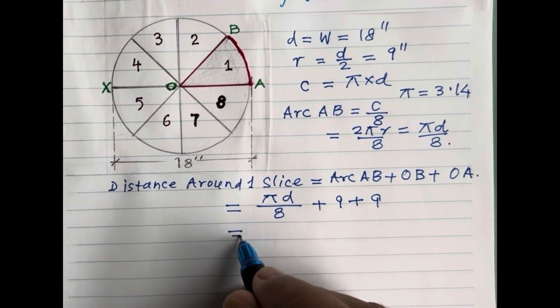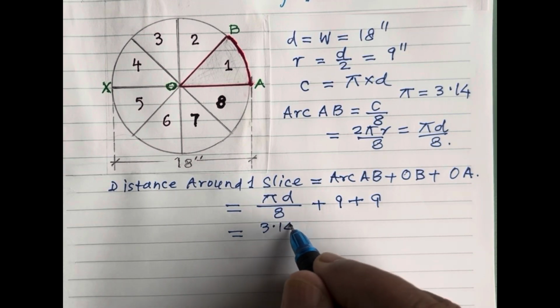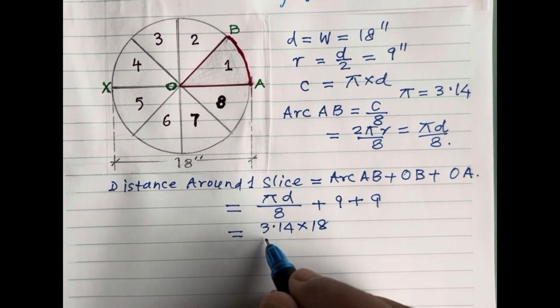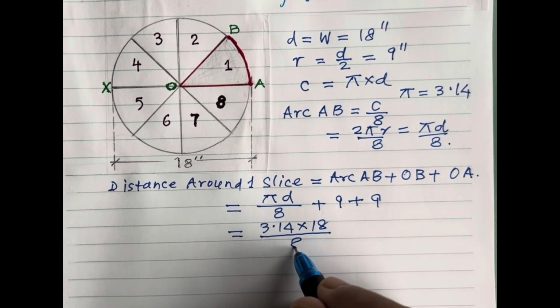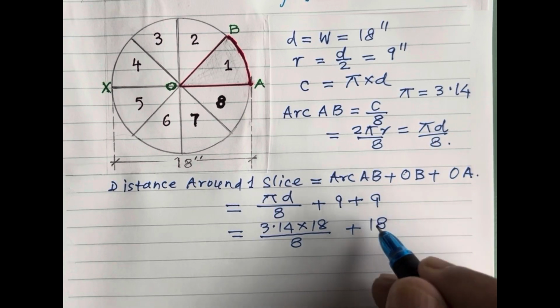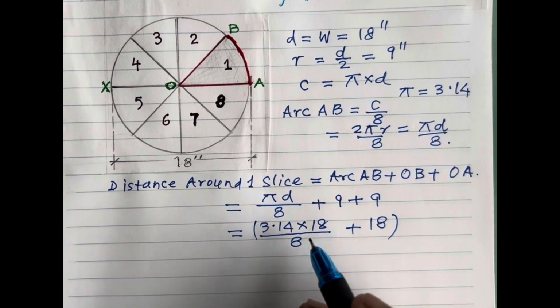So this becomes pi is 3.14, diameter is 18 inches, divided by 8, plus 9 plus 9, that is 18 inches. So this is the total distance around one slice of the pizza.